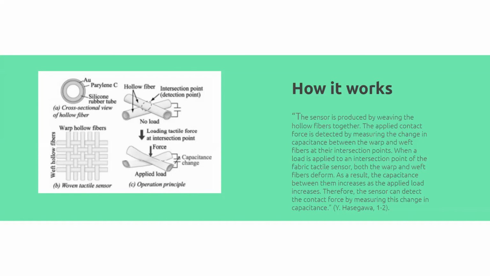When a load is applied to an intersection point of the fabric tactile sensor, both the warp and weft fibers deform. As a result, the capacitance between them increases as the applied load increases. Therefore, the sensor can detect the contact force by measuring this change in capacitance.